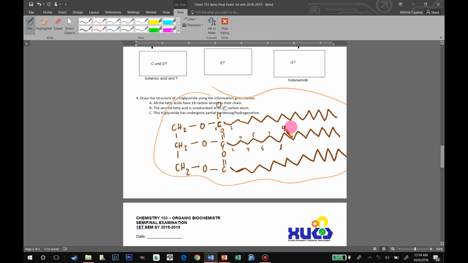Instead, you convert the cis to a trans configuration. So you simply draw this one as a linear trans configuration. So this would be how your triglyceride for number 4 should look. Fairly easy.